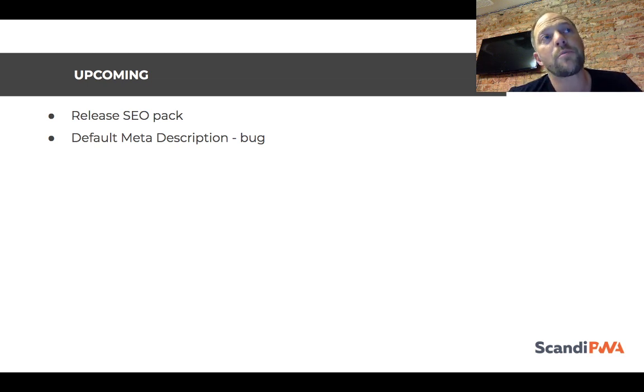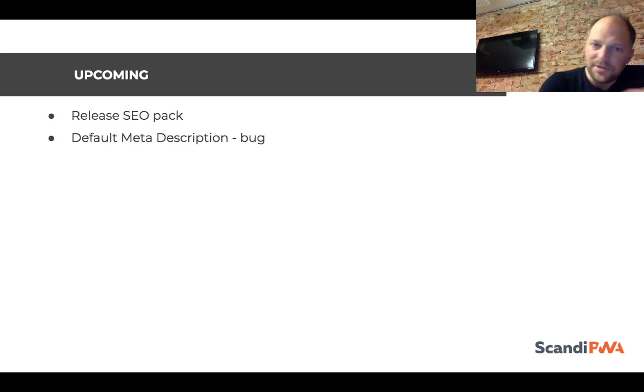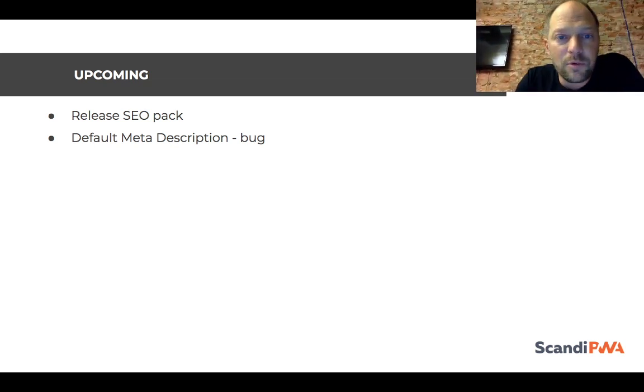If you, for example, check the demo ScandiPWA.com right now in web.dev or in the inspect element audit, you will see that there is no meta description on the homepage. So it's a bug that will be fixed in an upcoming release. Some other things you will see there are that we are close to 90% of the performance. That's one of the highest in the PWA theme world we have seen, and it's not the limit.